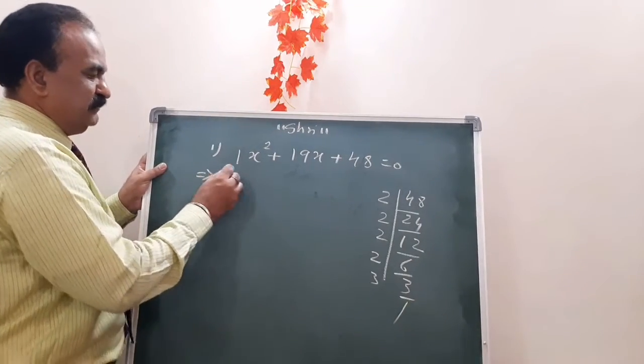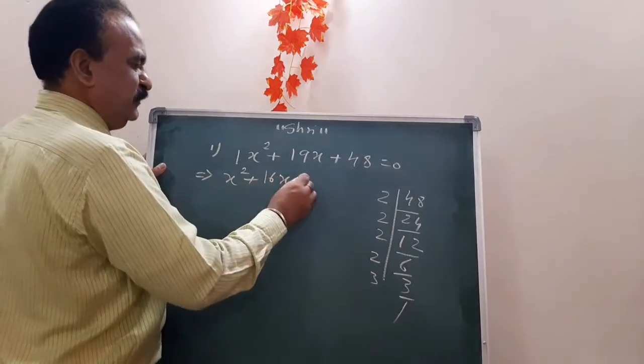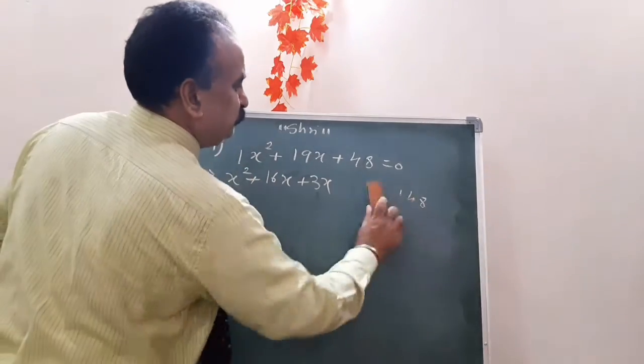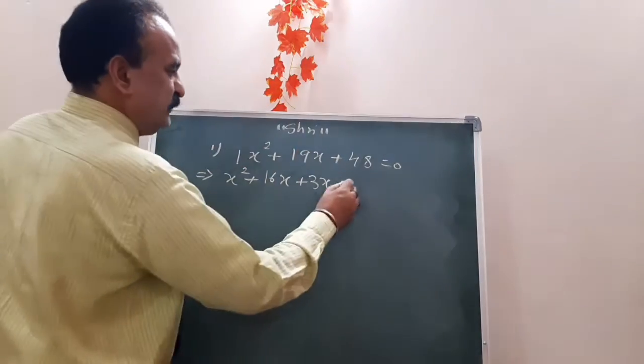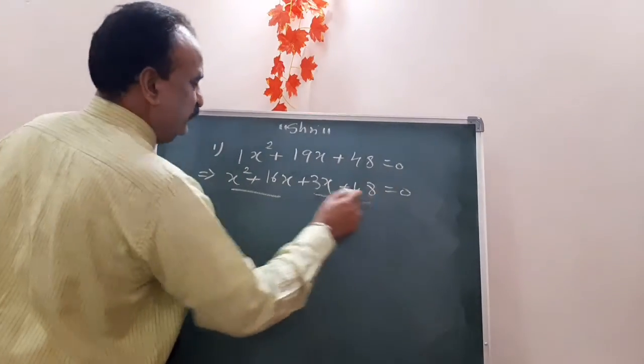So x square plus 16x plus 3x plus 48 equal to 0. These two and these two.